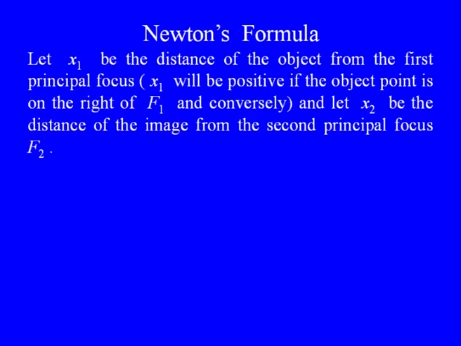Let x1 be the distance of the object from the first principal focus, not from the lens. x1 will be positive if the object point is on the right of F1, as per sign convention, and let x2 be the distance of the image from the second principal focus. So, object distance is to be measured from the first principal focus, image distance from the second principal focus.